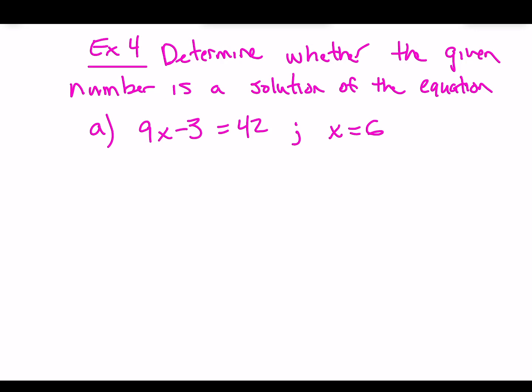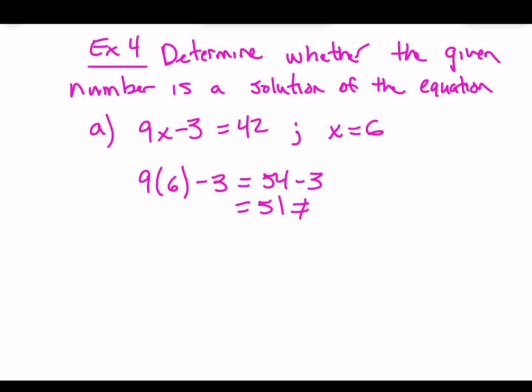So what we do is we take x equals 6 and plug it in everywhere we see an x in the equation. So 9 times 6 minus 3. We want to check and see what it is equal to. 9 times 6 is 54, minus 3. And 54 minus 3 is 51.